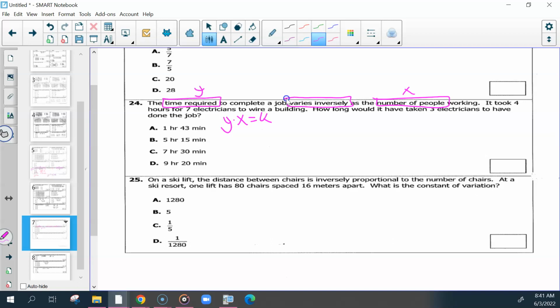So if it took 4 hours, that's the time required, that's our y. For 7 electricians, that's our x. We're going to multiply 4 and 7 together to get k, which is 28.